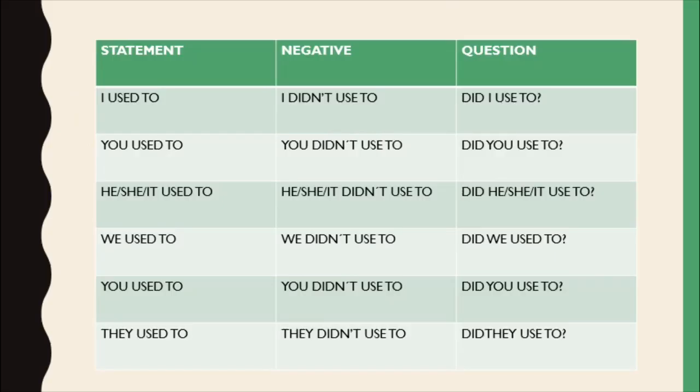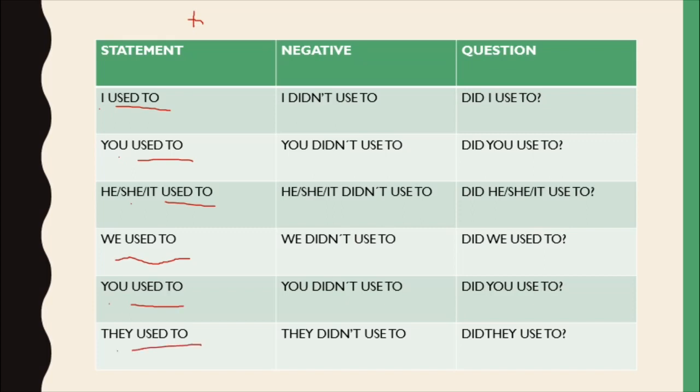Okay, if you have a visual intelligence, you may find this easier in this way, right? Write like this, grow like this. Okay, so if I want to talk a statement or let's say an affirmative sentence, I should use I used to, you used to, he, she, it used to, we used to, you used to, they used to.